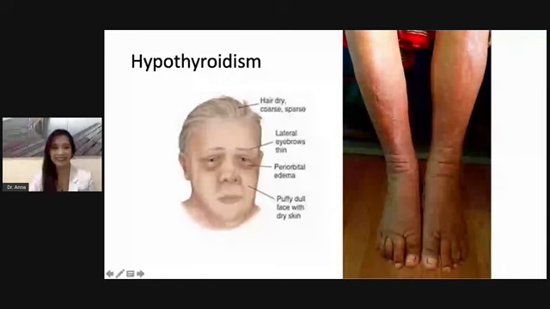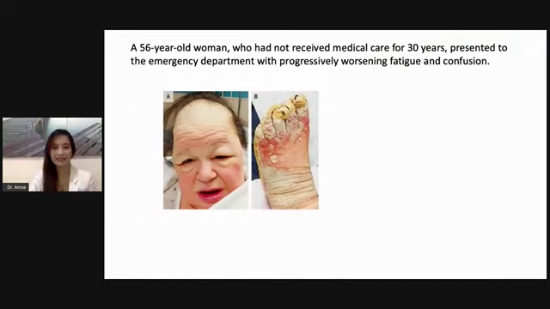So this is a 56-year-old woman who had not received medical care for 30 years and she's still alive. She presented to the emergency department because of progressively worsening fatigue and confusion. And look at this, all the manifestations of hypothyroidism are exaggerated.